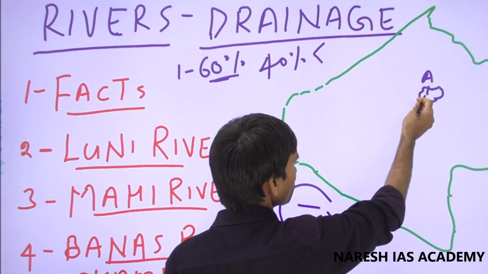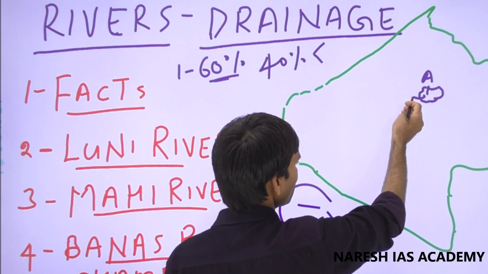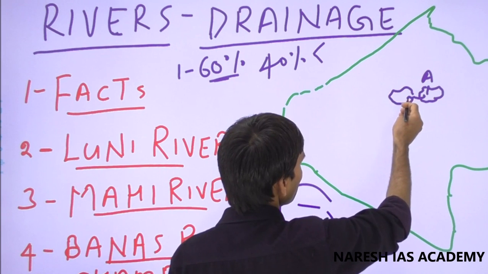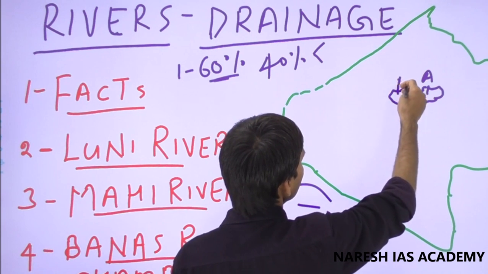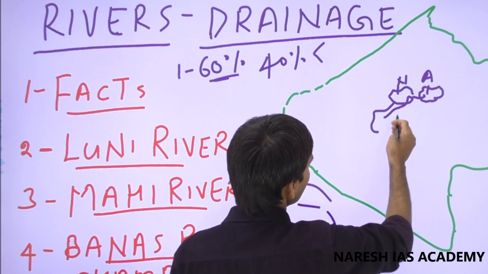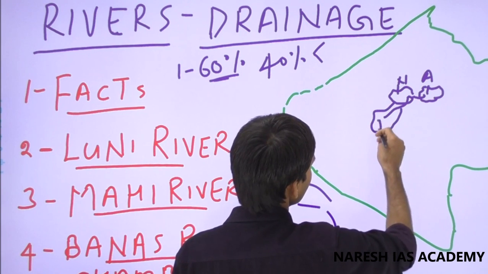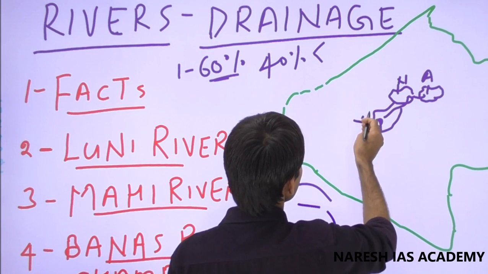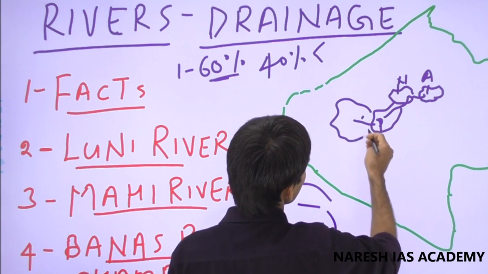Originating from Ajmer, it flows through the Nagaur district. This is the boundary of Nagaur and then it enters into the Pali district, and after Pali it flows through the boundary of Jodhpur district.